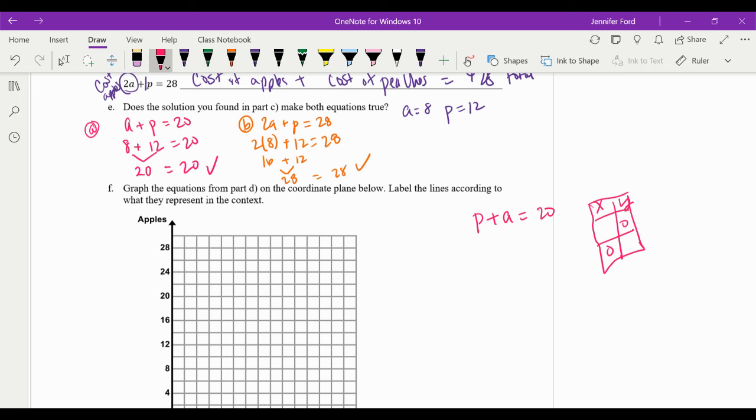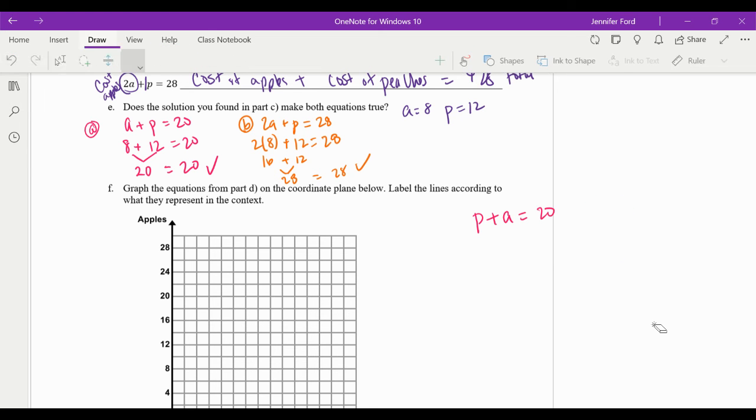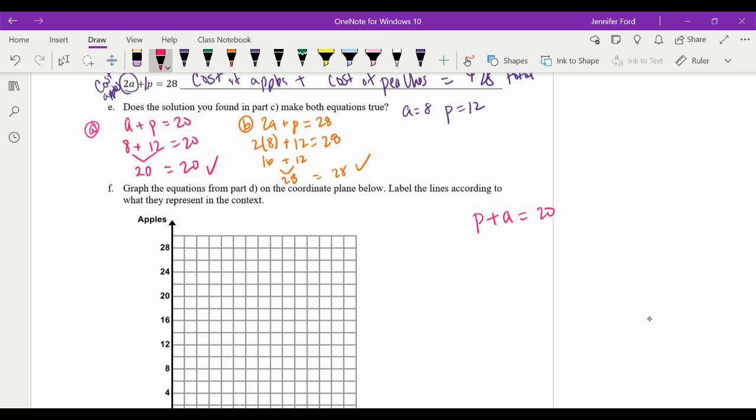So if I know that P plus A is 20, and I find the X and Y intercepts, so when Y, oh, hold on. Let's try this again. Okay. If I go P plus 0 equals 20, then P has to be 20.